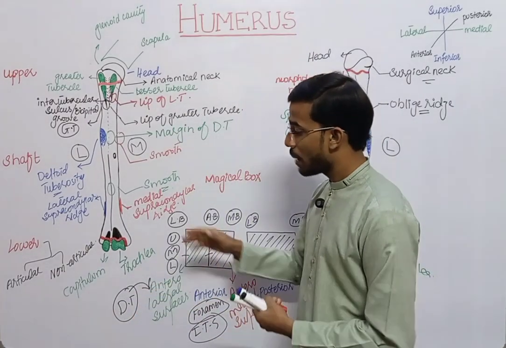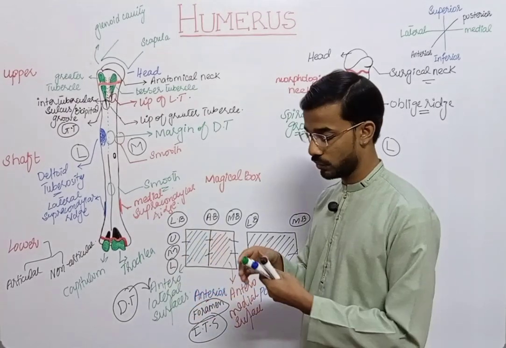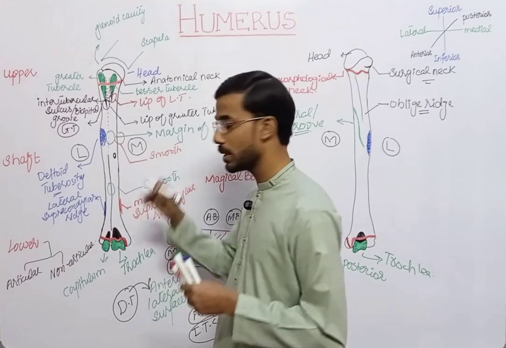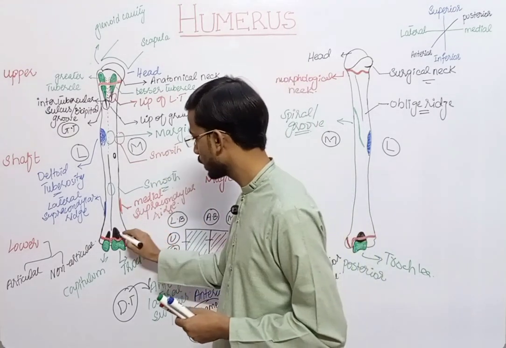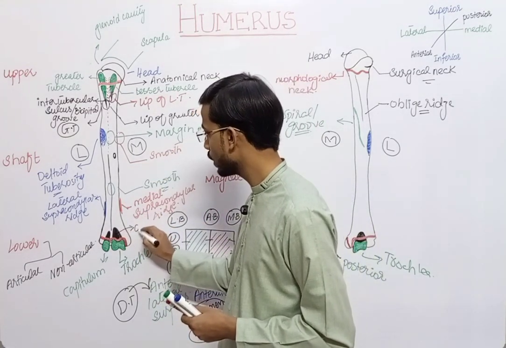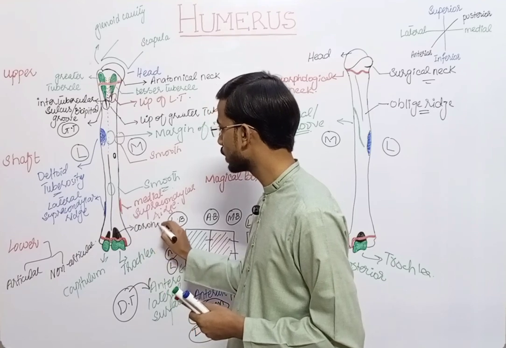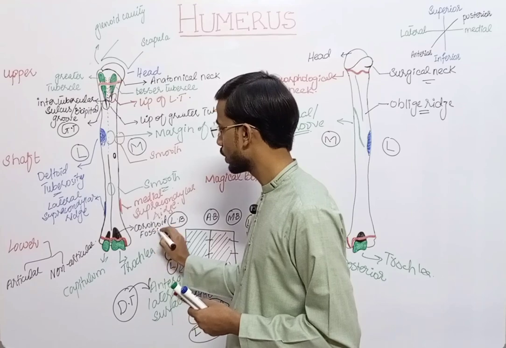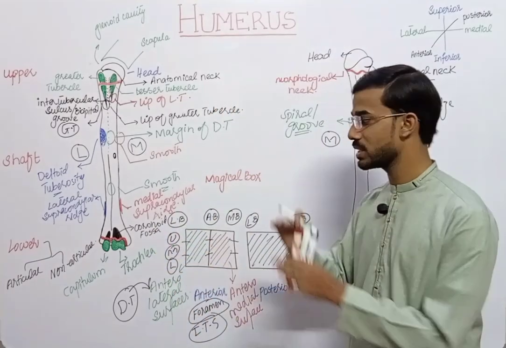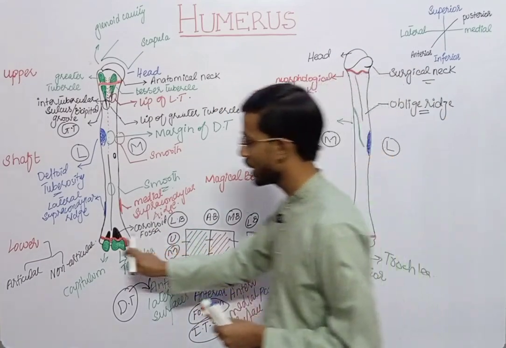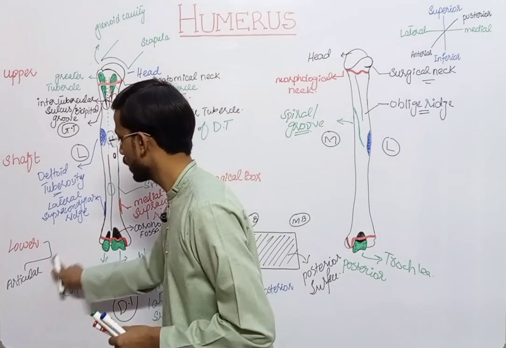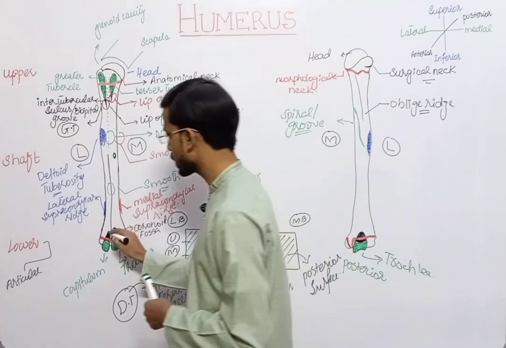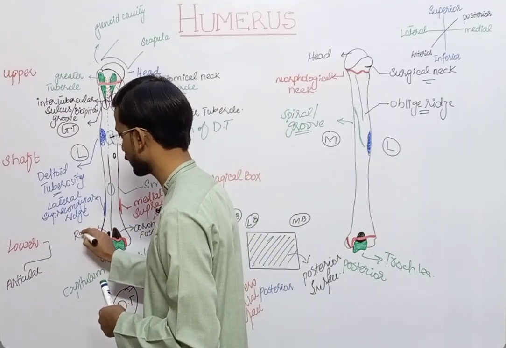Above the trochlea, which is actually a trolley-like structure, there is a depression which is called the coronoid fossa. And above the capitulum there is another fossa which is called the radial fossa.